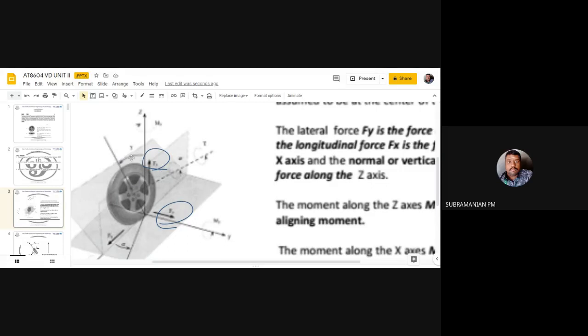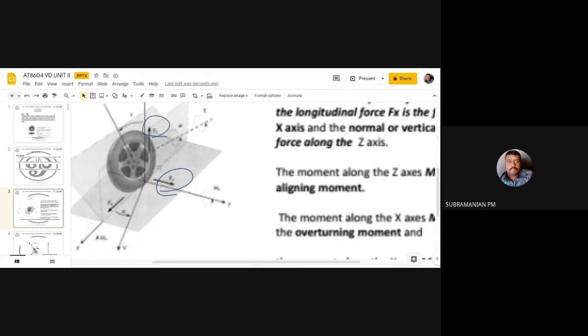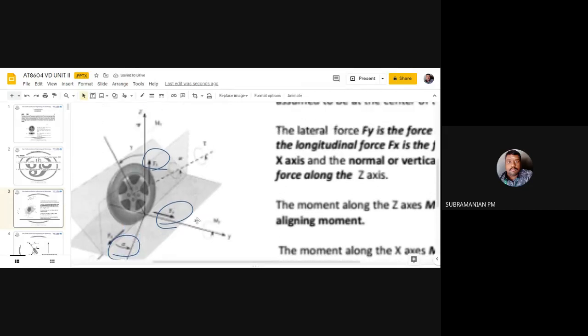This one is the camber angle, and this one is the slip angle. That is, the tire is intended to move in the X direction, but it will be moving in this direction. The deviation, the slip angle, is denoted by alpha.